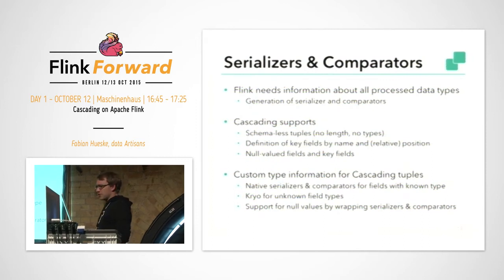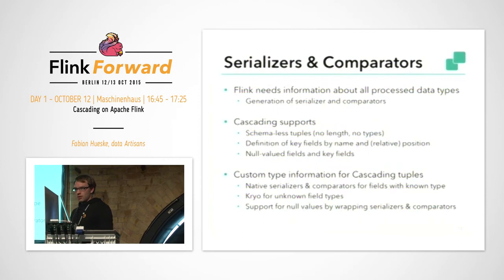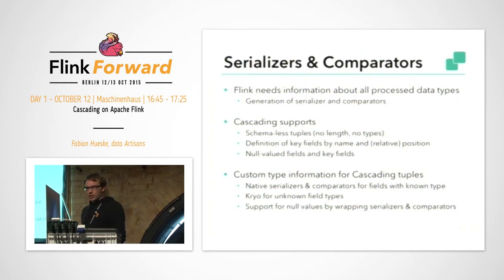Talking about serializers and comparators, so whenever the processors need to exchange data or write data into memory or to disk, we need serializers. Flink needs this information before the program is executed, so we need information about all data types that are processed within a cascading program, and Flink needs that to generate appropriate serializers and comparators for these data types.